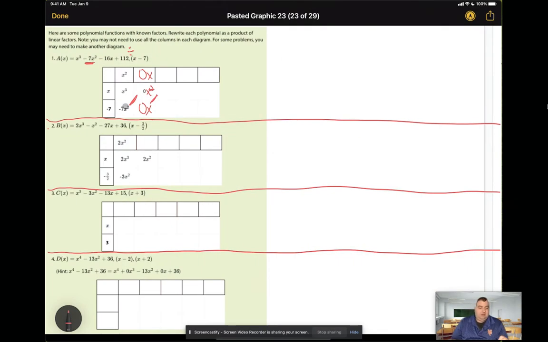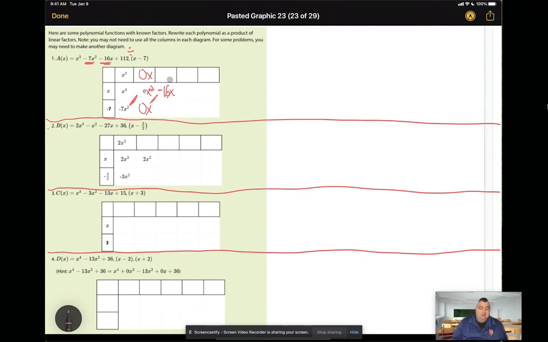So if I look at the next term, it is negative 16x. So the question is, what needs to go here? What do I need to add to 0 to get to negative 16x? And of course, I need to add a negative 16x, right? 0 and negative 16x becomes negative 16x. So that goes up here.